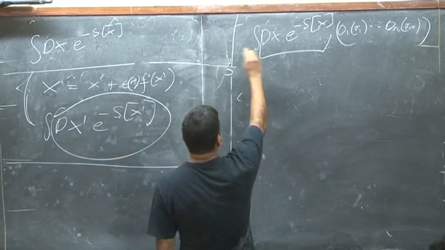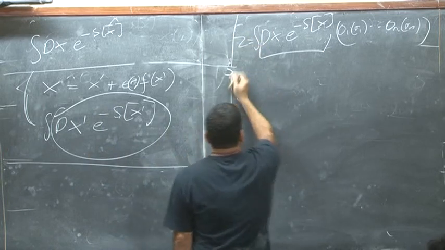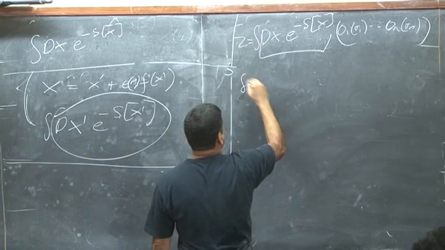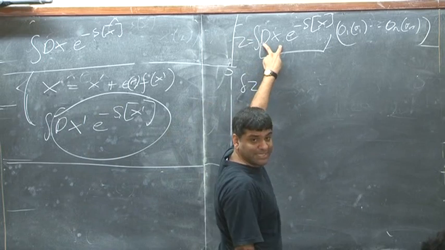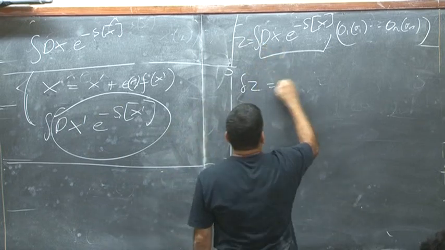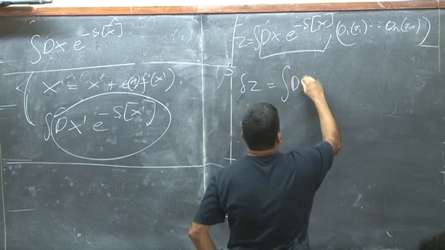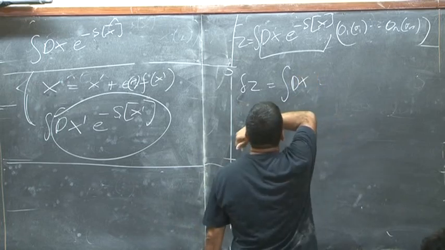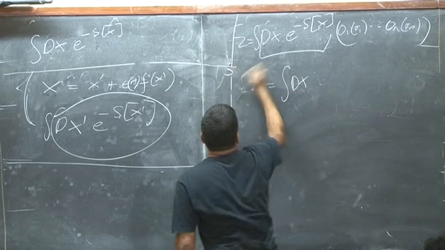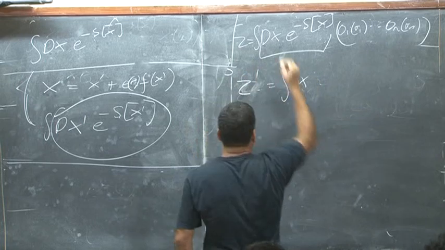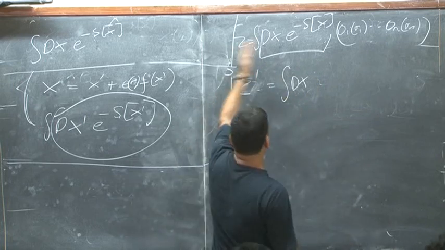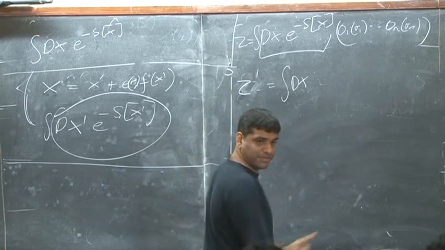Therefore, suppose we call this Z. Instead of delta Z, let me put Z prime, the new Z after I make the change of variables.